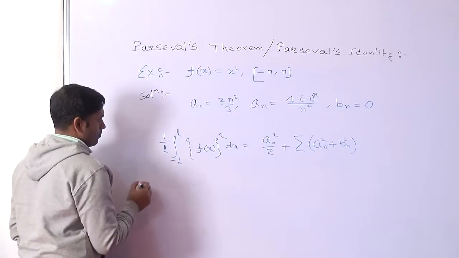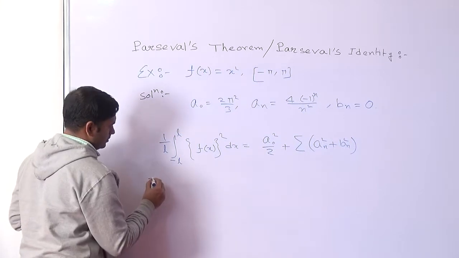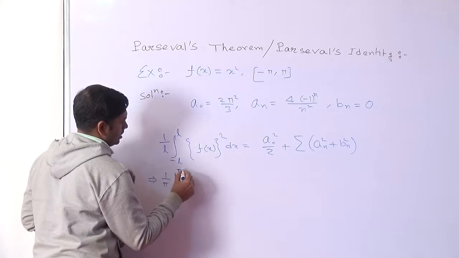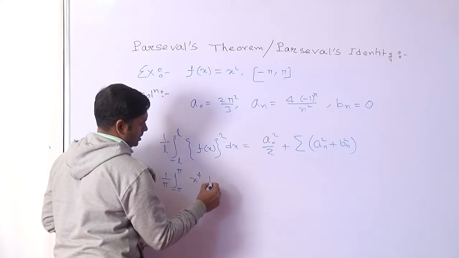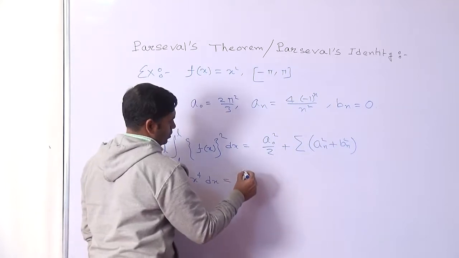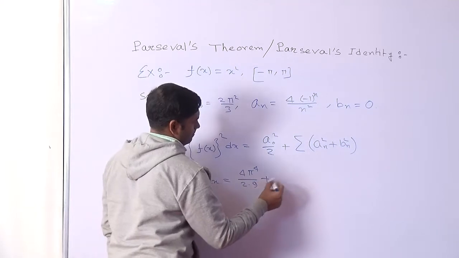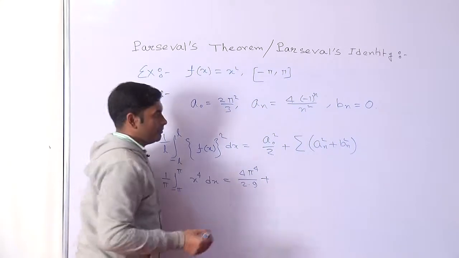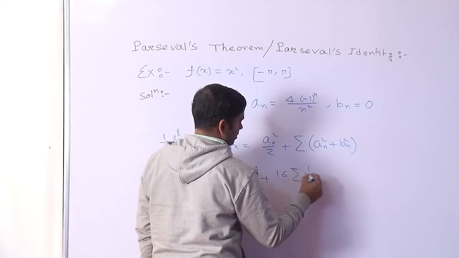So it will be (1/π) ∫ from -π to π of f(x)², where f(x) is x², so the square is x⁴, dx. a0 is 2π²/3, so that gives 4π⁴/9, and an is 4(-1)^n/n², so this is 16 Σ 1/n⁴.